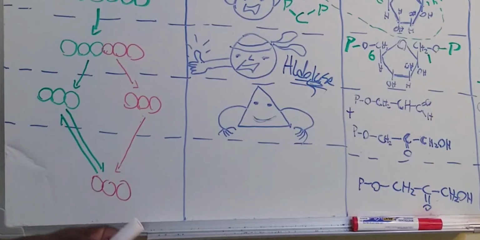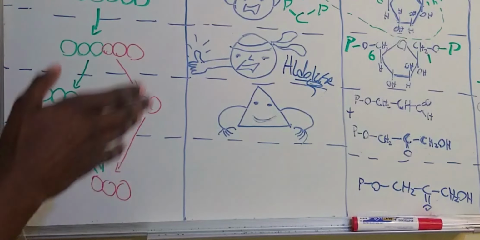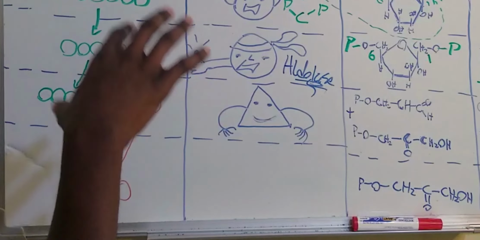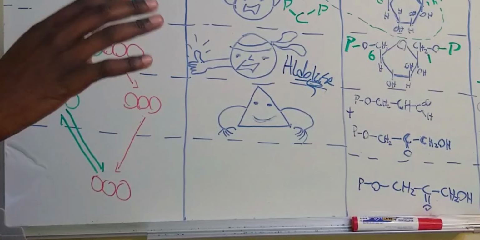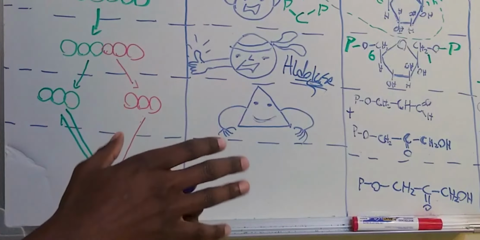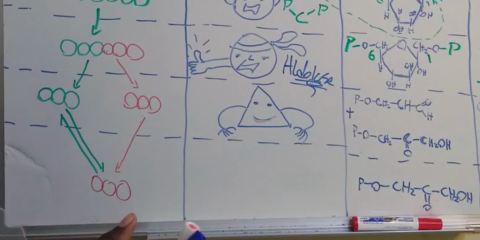So what does this karate master do in this reaction? When he chops, he will split the molecule, because this is a 6 carbon. So he will split it into 3 carbon and 3 carbon. So split it into 2 halves.